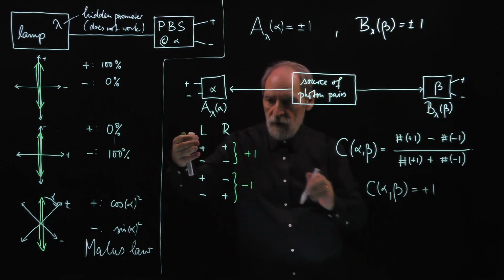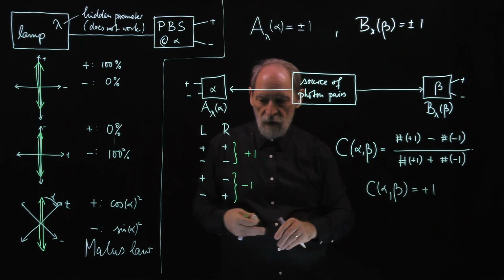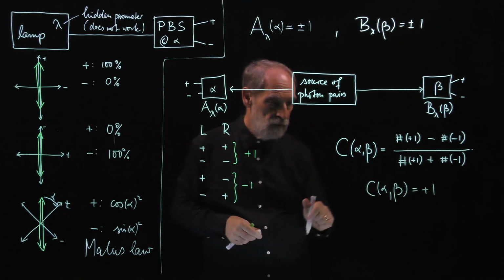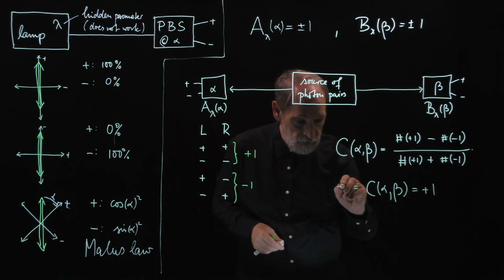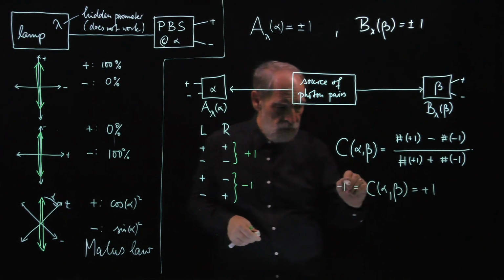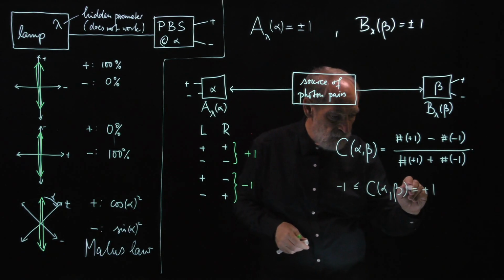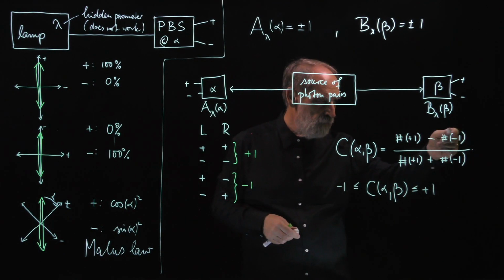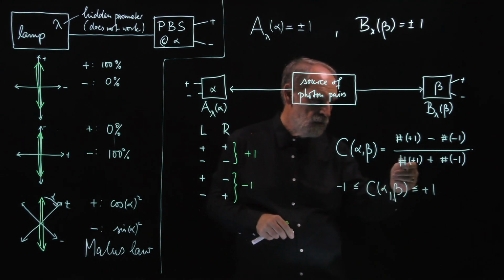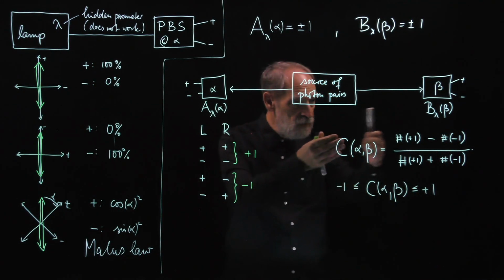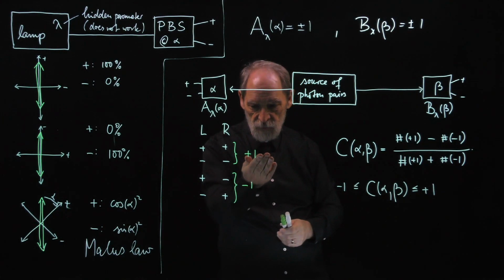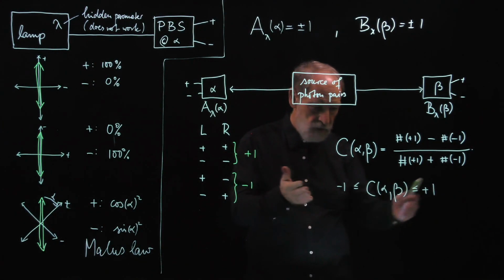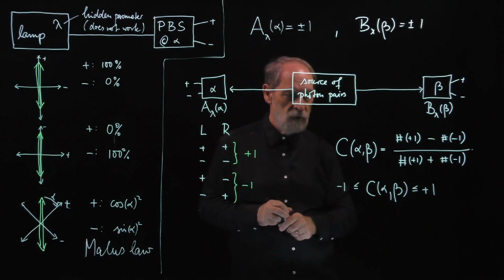If we have only negatively correlated events, then the value will be -1. For the more general situation, it's a number between +1 and -1. We will have some +1 events, we will have some -1 pair events, and dividing by the sum will give us an average value of this plus and minus, which is somewhere between -1 and +1.